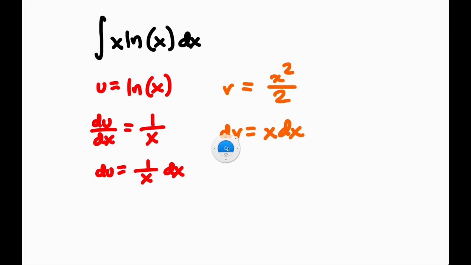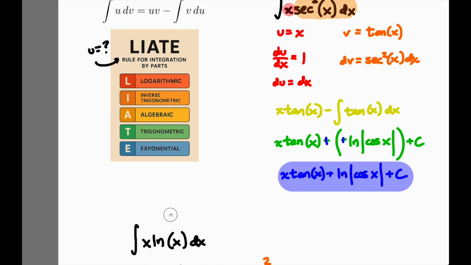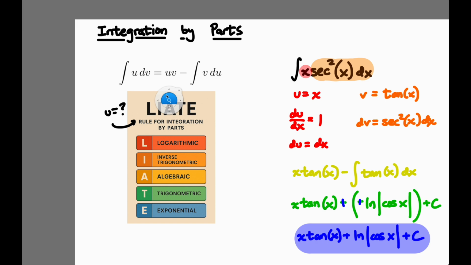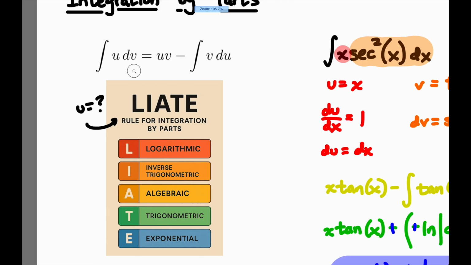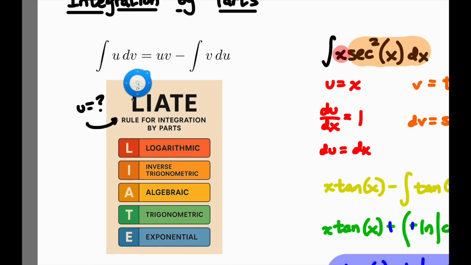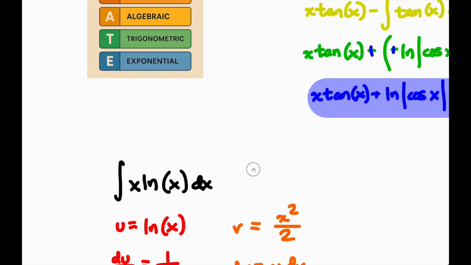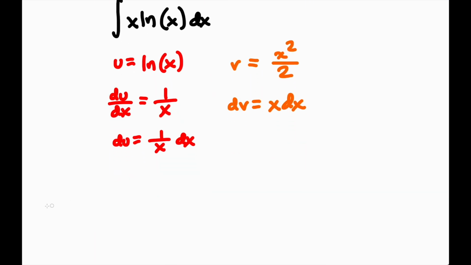Okay. Now we can use that integration by parts formula again because we have every single part that we need. We figured out the u and the dv, and now we just have to multiply u times v, and then we have to do the integral of v times du and subtract that. So that's what we're going to do here. So we're going to do uv. In this case, it's going to be x squared over 2. I'm doing the v first, just, I don't know, convention.